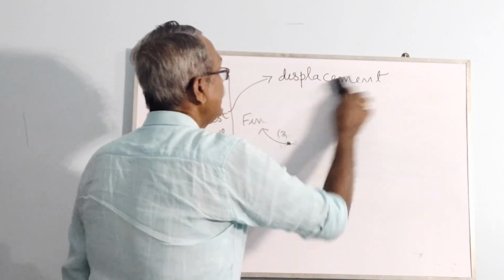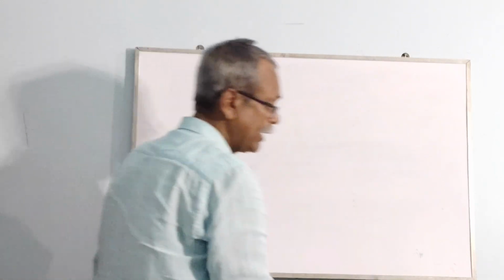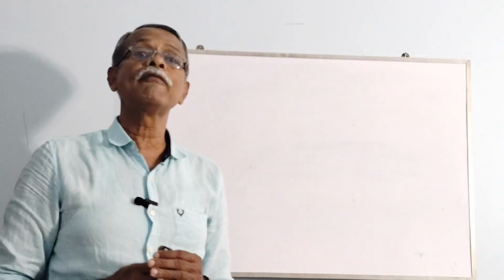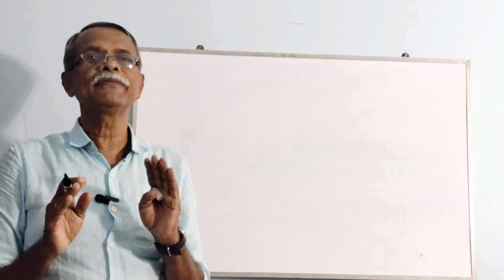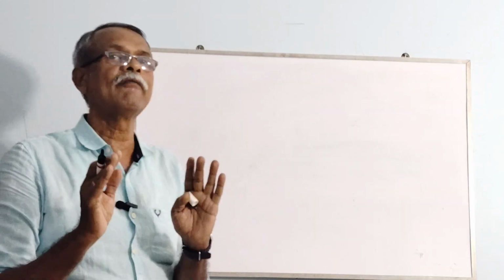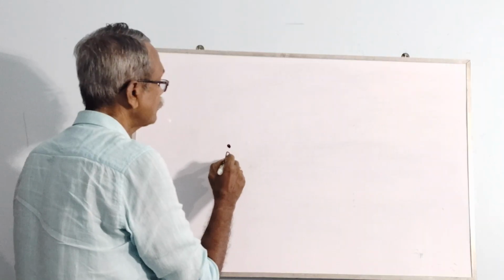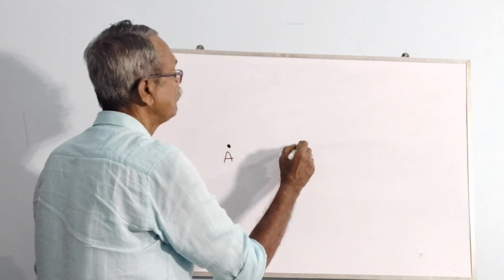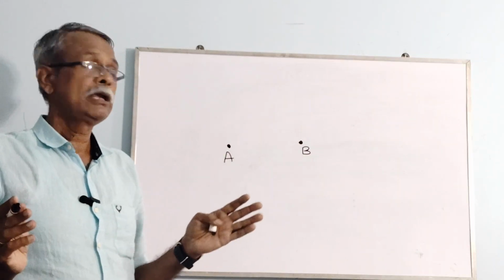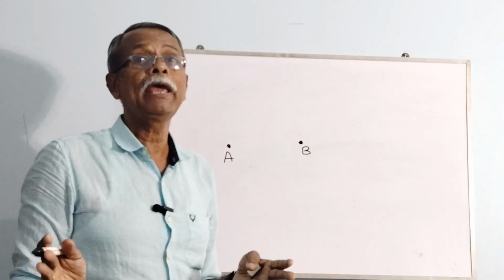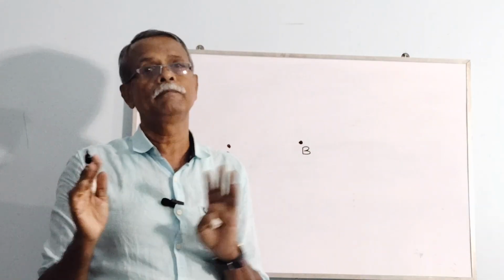We can see that the distance between 2 points can have different values, but the displacement between 2 points will have only one value. For example, you consider a point A and another point B. We know that for reaching point B from A, we have infinite number of paths possible.